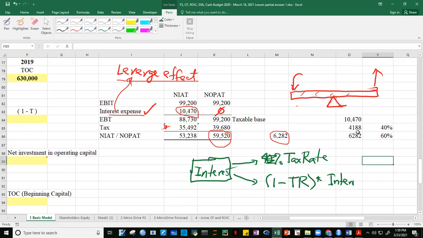Okay, what did I do here, guys? So yung 10,470, minultiply ko ng tax rate na 40%. So yun yung mababawas, no? Mababawas dun sa net income after tax natin. Yung matitira, which is just, okay, this is equal to 1 minus 40%, yung 60%, 6,282. Ito ngayon, guys, yung difference between NIAT and NOPAT.